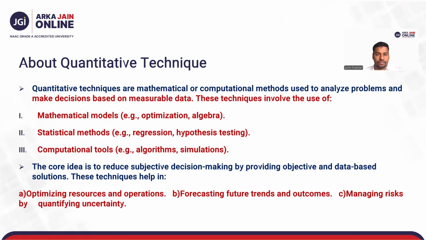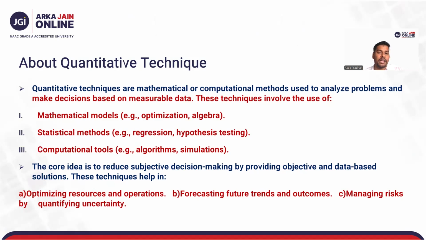Computational tools, as I said, after the 1970s, computers came into the picture, and with quantitative techniques, they enhanced the approach and help to analyze the data in a better way, helping in better decision making. So, what are the computational tools? You can say algorithms, simulations.